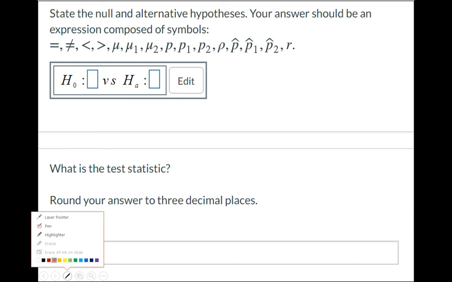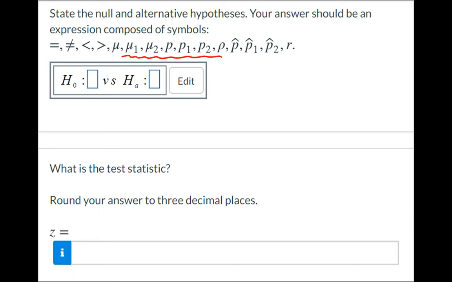It won't let me write or anything like that. Make sure you use this edit button right here. That edit button will give you a drop down and let you roll through the different values you want to pick for your expression. Maybe you want to pick H0 is equal, maybe H A is greater or less than, and the top one is just the expressions that you can use. You can't type them in, you actually have to use the edit button.